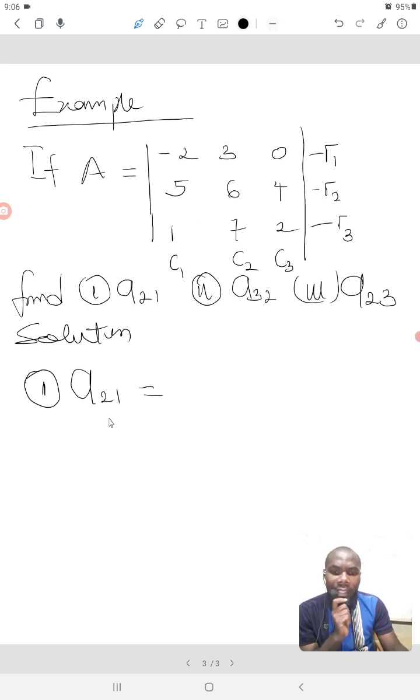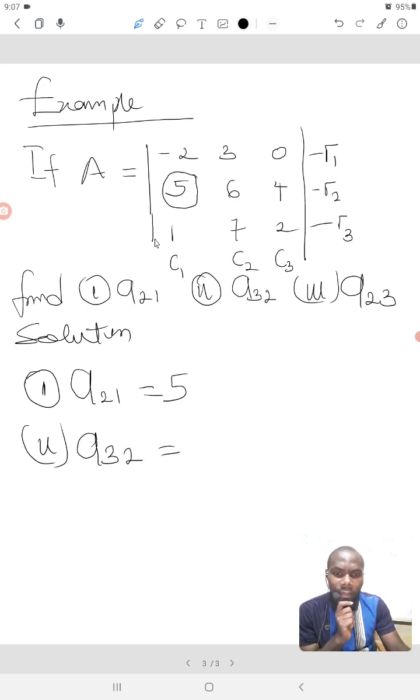So you trace that A row 2 is row 2, column 1. It falls on 5. It means 5. For the second part, he said A row 3, column 2. You trace it here. This is row 3, column 2. This is 7. So it means 7.